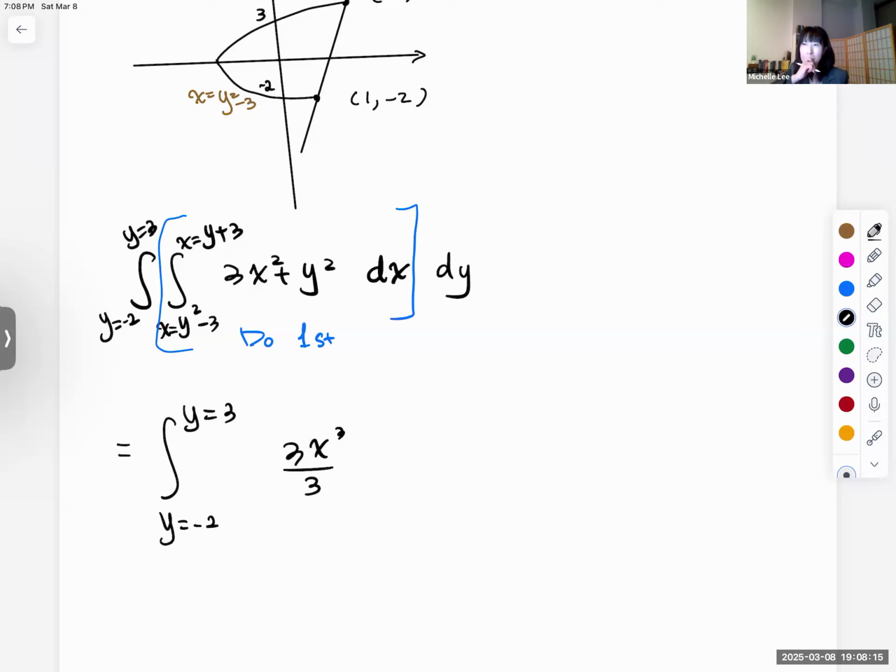Then for the second term, we integrate with respect to x, and we treat y as a constant.